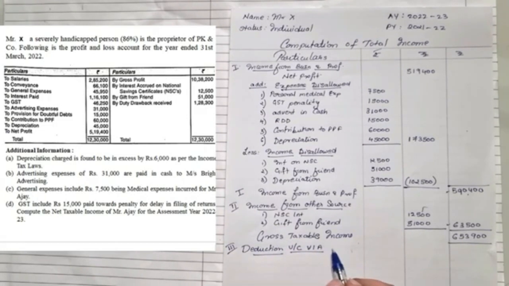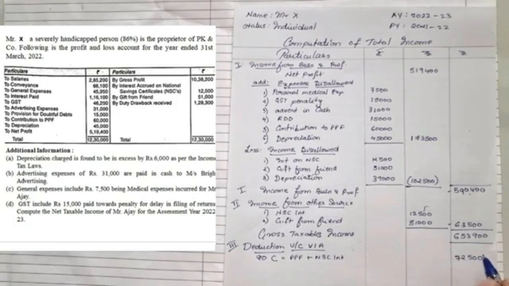Let us see what all deductions are available here. Okay, first thing, they are giving you a contribution to PPF and interest on NSE. Now both of them come under 80C because they are contributions. So under 80C you have PPF plus NSE interest, the total of which is 60,000 PPF, 12,500 NSE, so I get the value as 72,500, which is less than 1,50,000, so it is allowed.